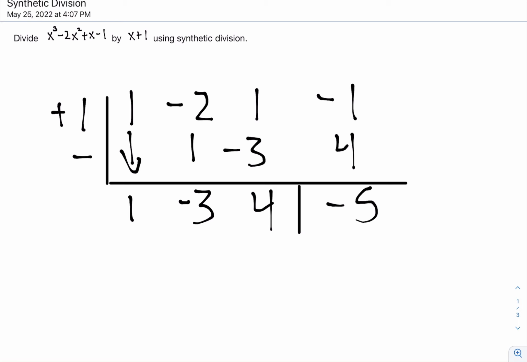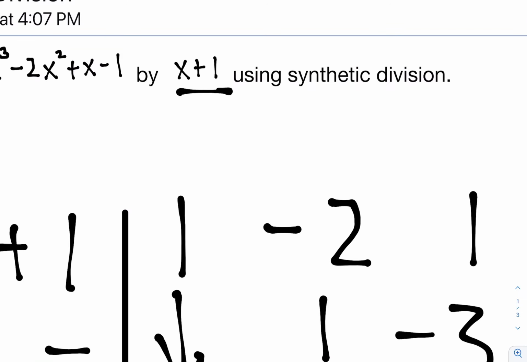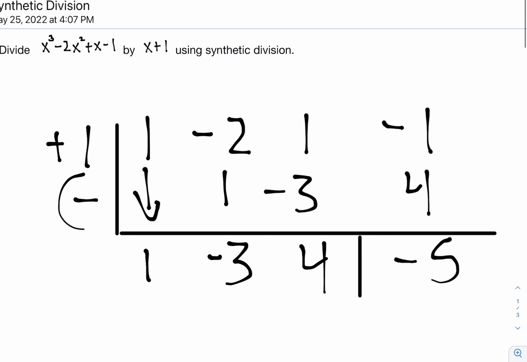So notice how we get the exact same answer, right? We get our remainder of negative 5, and our coefficients 1, negative 3, positive 4. So we get the exact same answer, whether this is positive, this is negative, or switch it around, the first one's negative, second's positive. But the main idea is if you take the opposite sign of what you're dividing by, right, you can make this here plus.